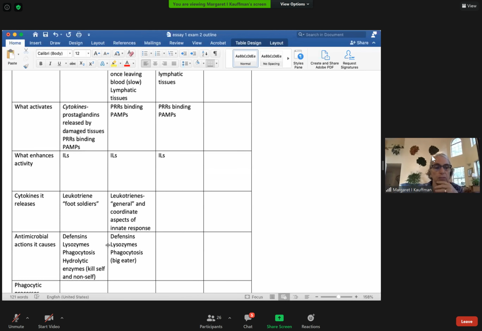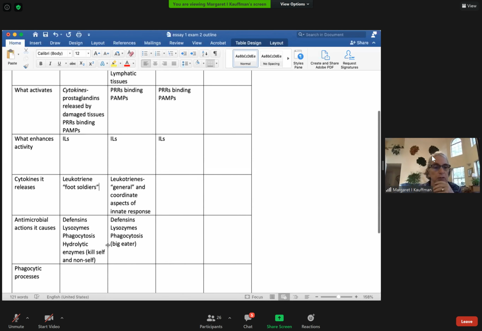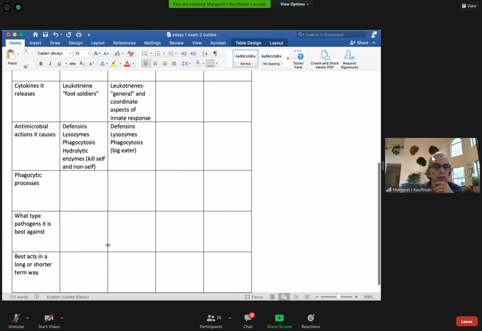So given that sort of more bigger picture portrait, if we go back down here, then hopefully it's clear that these should be a short-term response, because they're so destructive. You don't want this to go on or be inappropriately triggered, because they are destructive to your body cells.